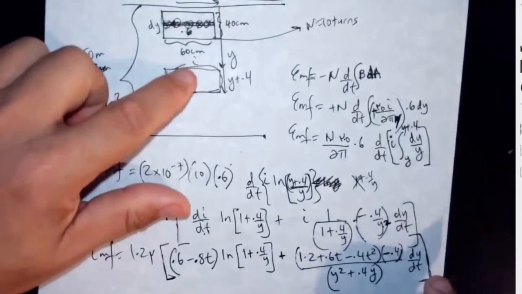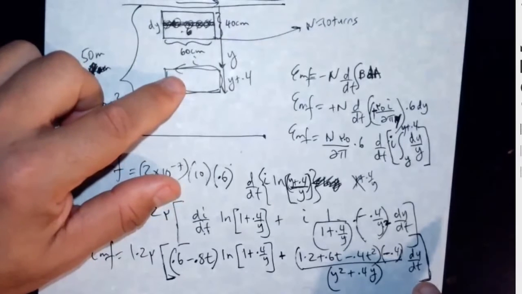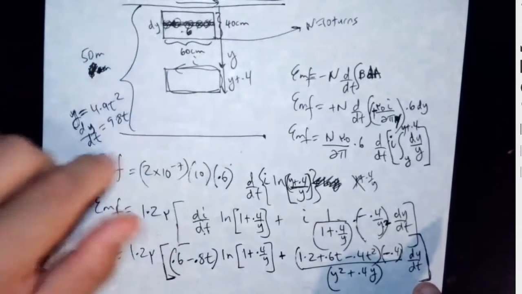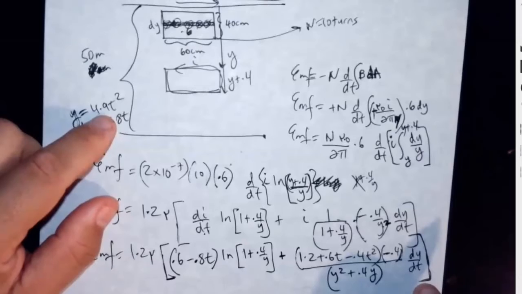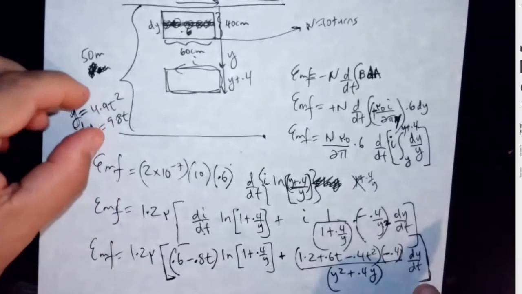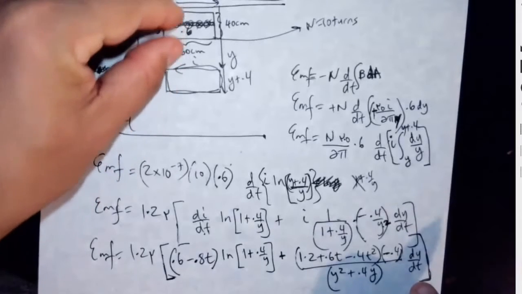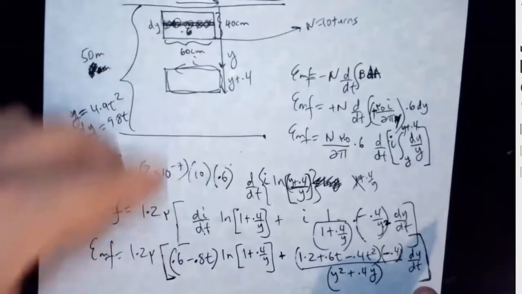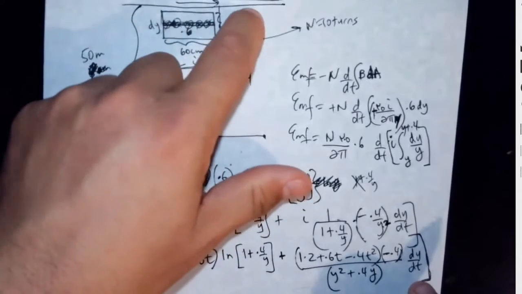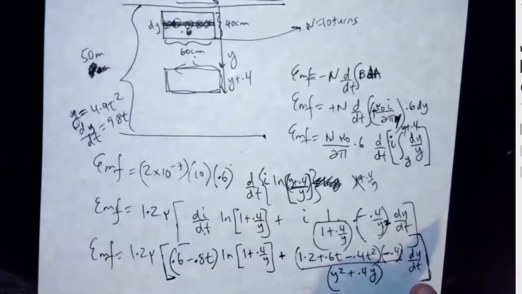But that force is going to be so negligible that it's not really going to fight against the force of gravity. So for the most part, we can treat this as the equation of motion of this wire, because the force created by Lenz's law on this wire is very, very weak.